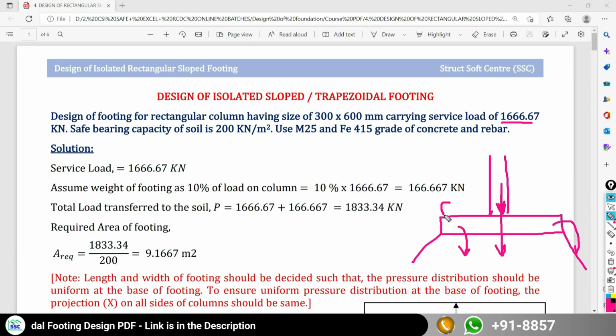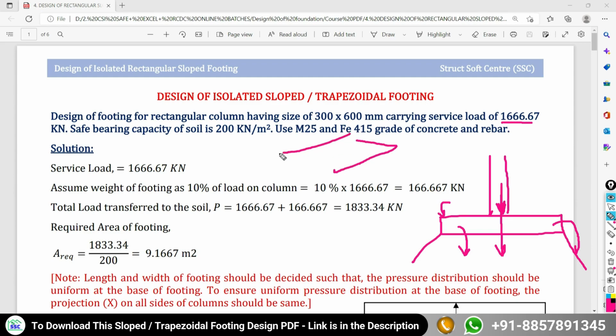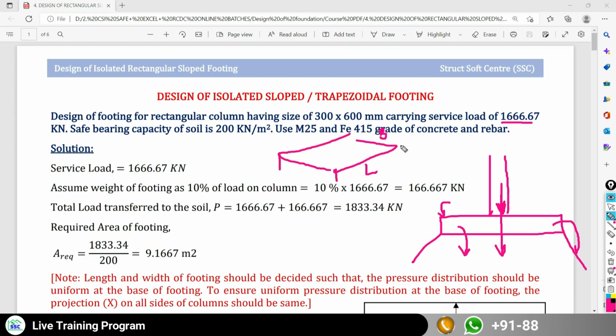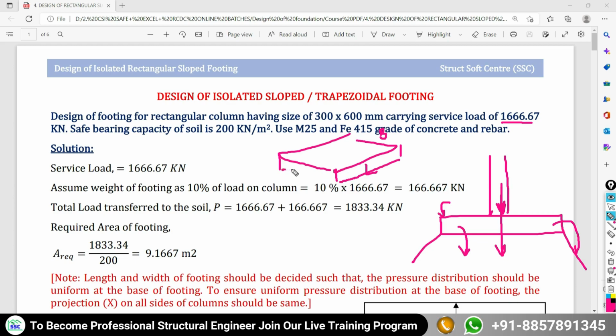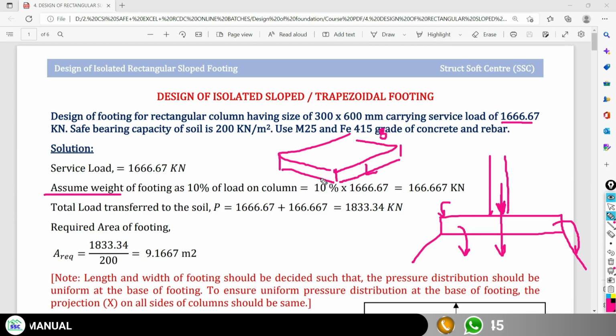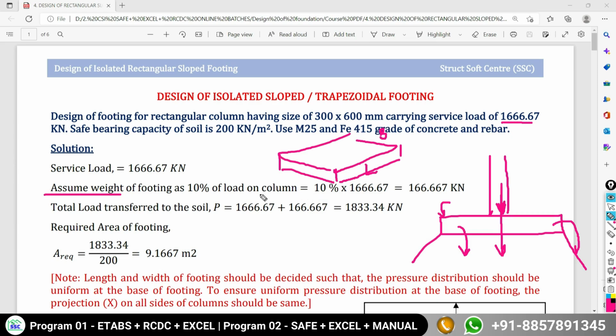But to calculate the self weight of the foundation, it is important to know the length of the footing, the width of the footing, and the depth of the foundation. With these three dimensions only you will be able to find out the self weight of the foundation. Without having these three dimensions, you will not be able to calculate the self weight of the foundation.